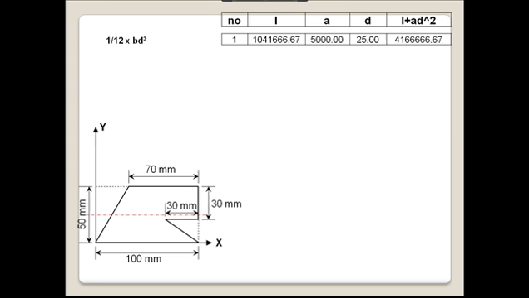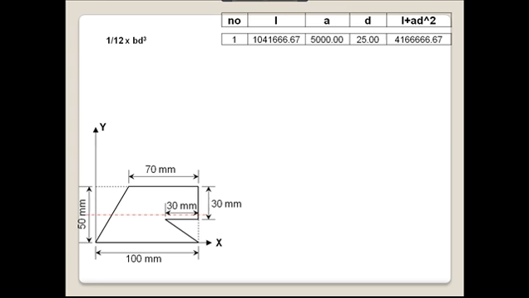The last column is the parallel axis theorem, I plus AD square. If you do the calculations, you will get 4166666.67. This number is the moment of inertia of this rectangle about the bottom x-axis, because we have applied the parallel axis theorem.